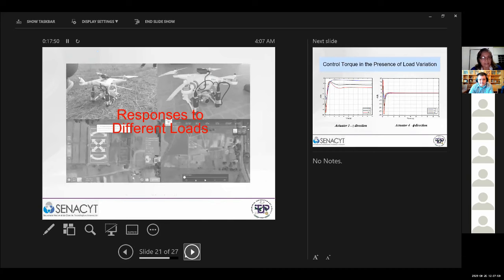In this simulation, robustness of the controller is tested by adding different loads, with reference values of 1.5 kilograms, to the masses in all three body axes of the quadrotor.